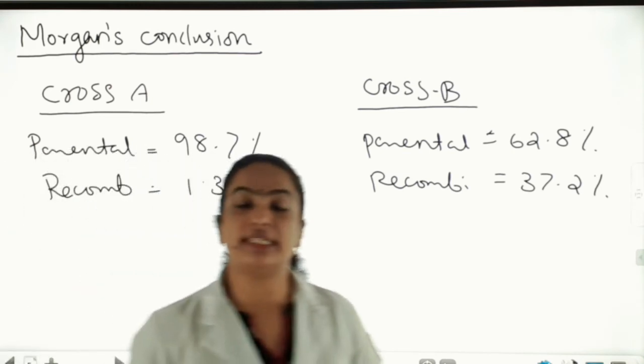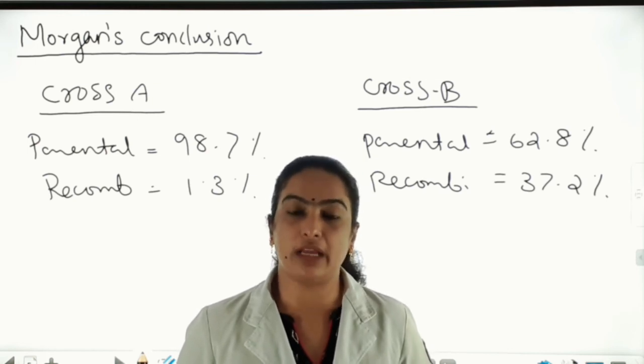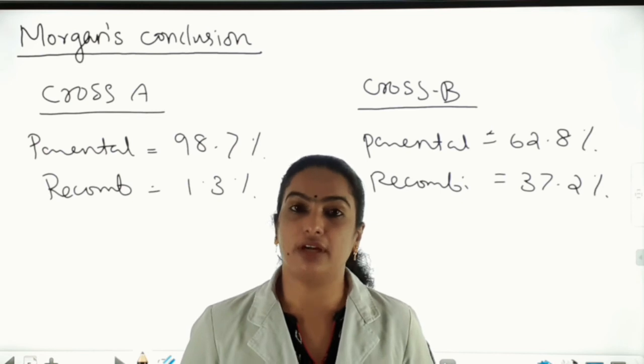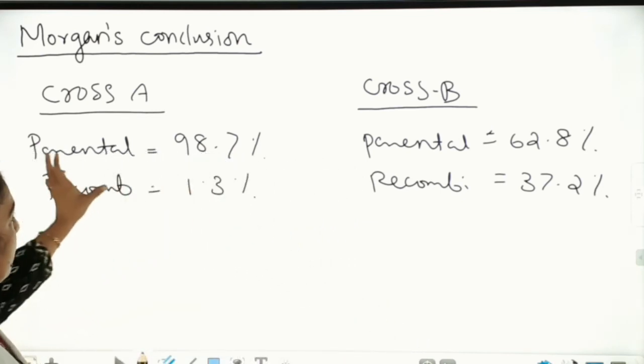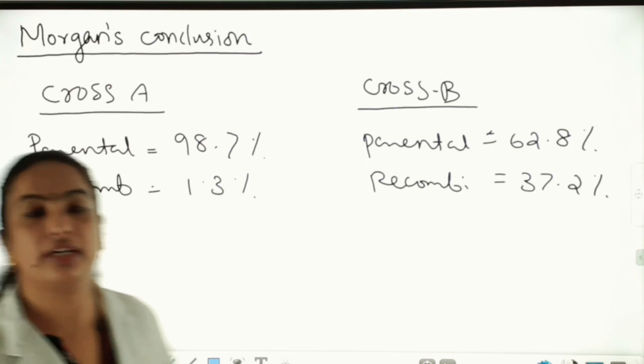So from this he concluded that when two genes are present in the same chromosome in a dihybrid cross, the proportion of the parental characters is higher than that of recombinant characters or recombinant genes. The proportion of the parental genes is much higher than the recombinant genes. That was the conclusion.